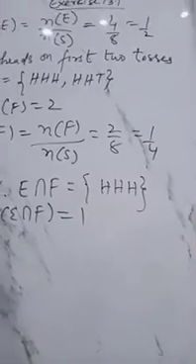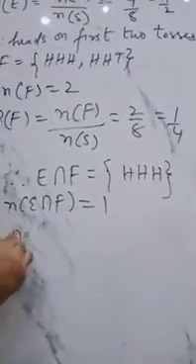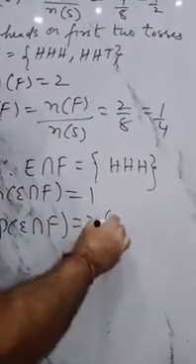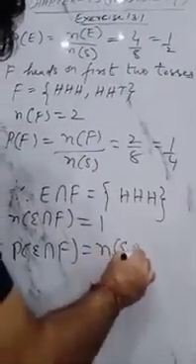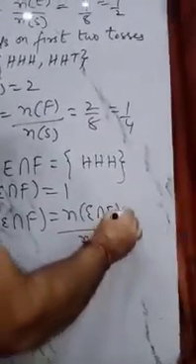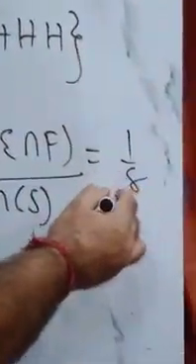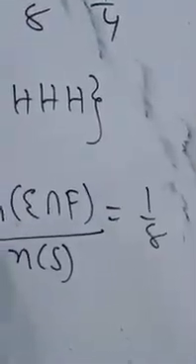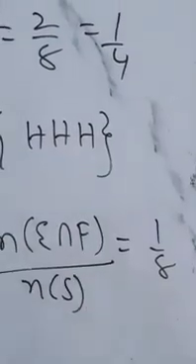So let us find P of E intersection F, which is n of E intersection F upon n(S). So that is 1 upon 8.